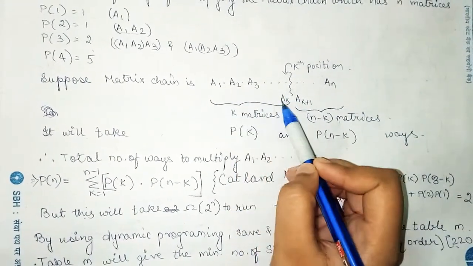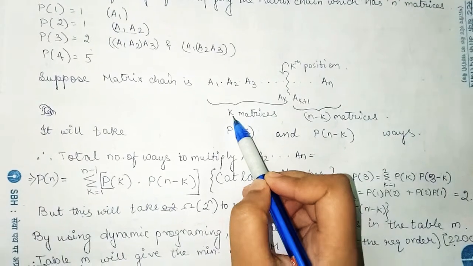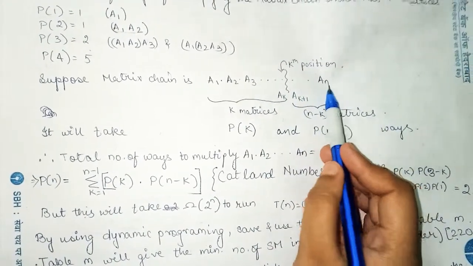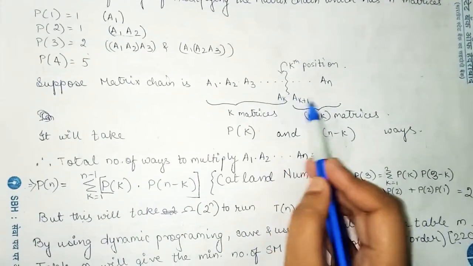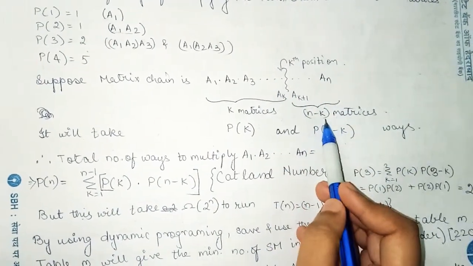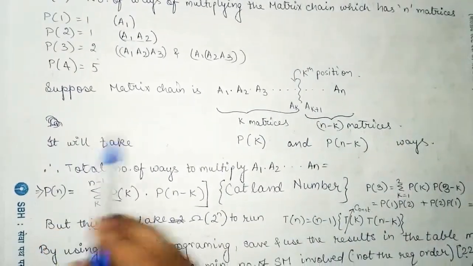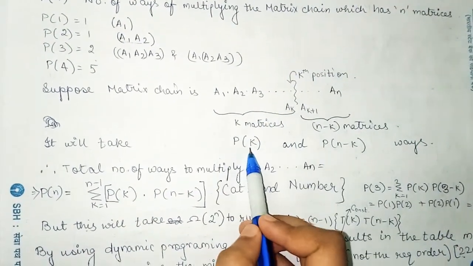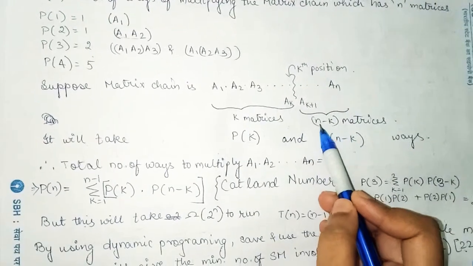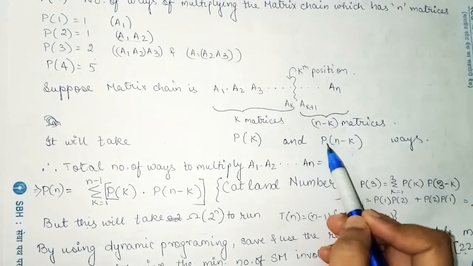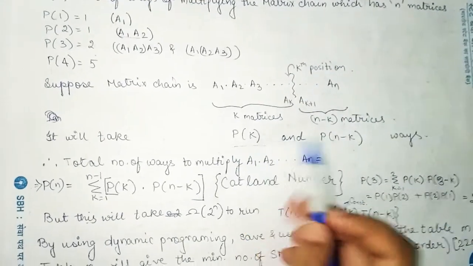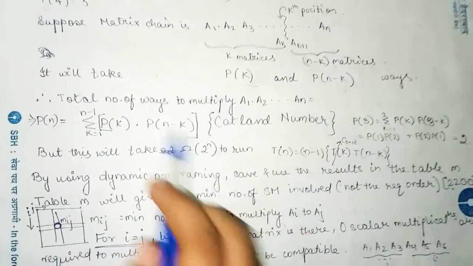So from A1 to Ak it has k matrices, and from k plus 1 to n it has n minus k matrices. So for multiplying k matrices it will take P(k) ways, and for multiplying n minus k matrices it will take P(n minus k) ways.